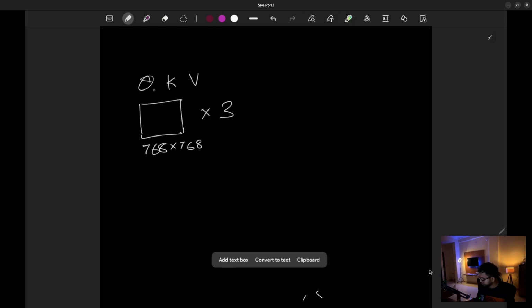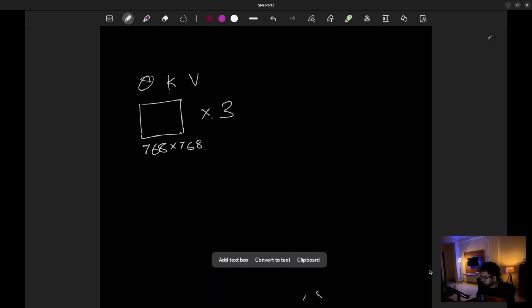Q, K, and V are three matrices. Q has one 768 by 768 matrix, key has a 768 by 768 matrix, and value also has a similar dimensional matrix.